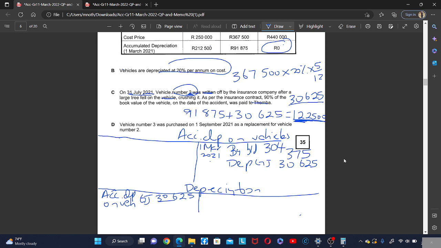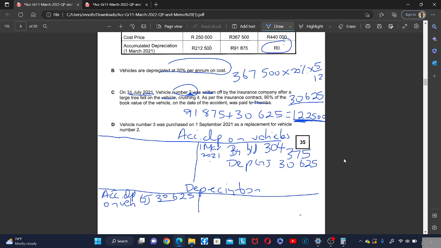So the accumulated depreciation on vehicles here is decreasing because this accumulated depreciation is no longer ours. The business got rid of this vehicle, so we also have to get rid of this accumulated depreciation.